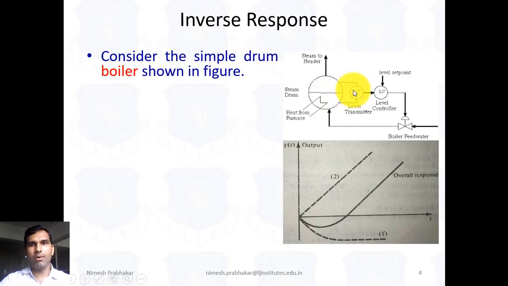At that time the level indicator gives a false reading, indicating the water level is reduced. This is known as inverse response, because we add water but the level indicator indicates the water is reduced.